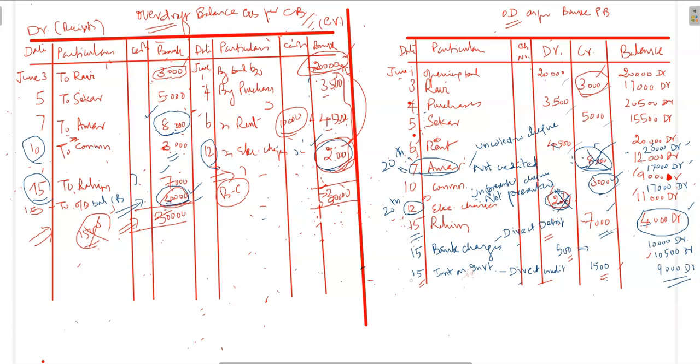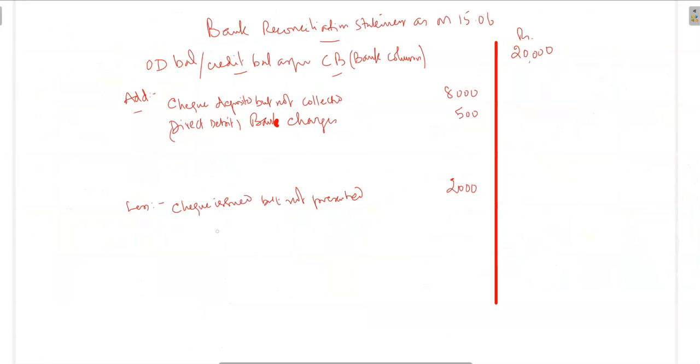So it should not show higher balance. OD should not show higher balance in cash book. To reconcile it, we have to reduce it. So direct credit, interest on investment, 1,500.